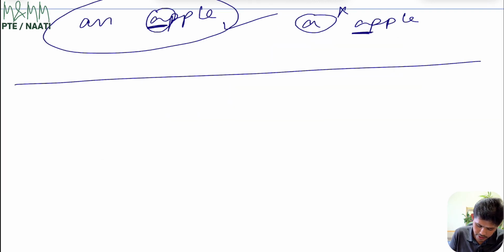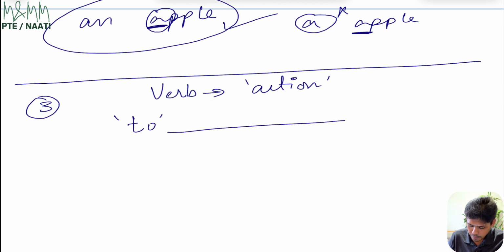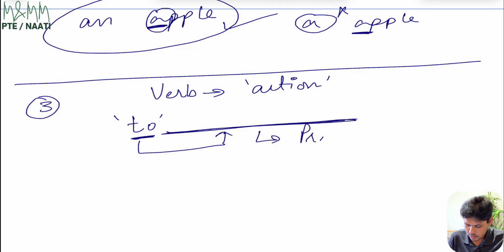The third rule is related to verb. Now what is a verb? Some sort of action, right? Whenever you see the word "to" and there is a blank after it, this blank has to be a present simple verb.